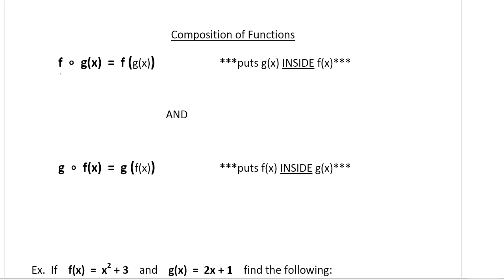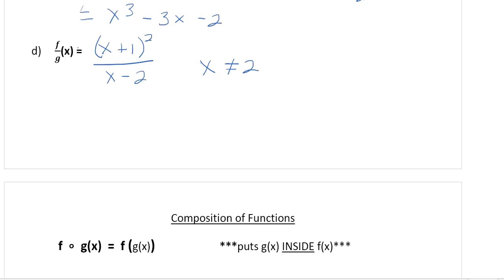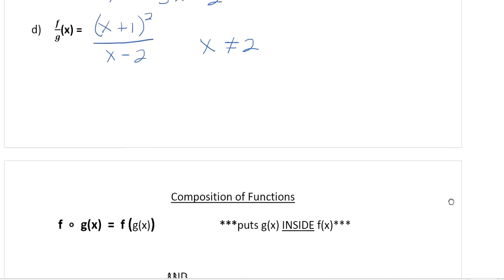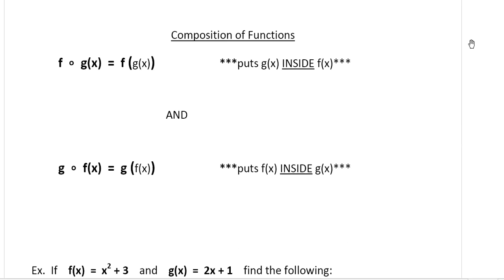And it literally means you take this function g and put it inside the f. So sometimes I'll draw little arrows here to indicate take the g and put it inside the f. And that's what this symbolizes, taking the entire function g and putting it inside the f. And then vice versa, we can take the entire function f and put it into the g.